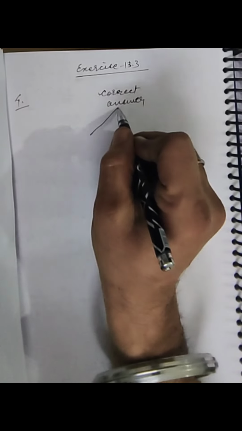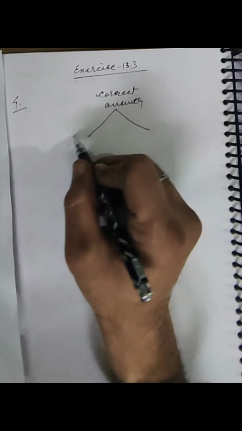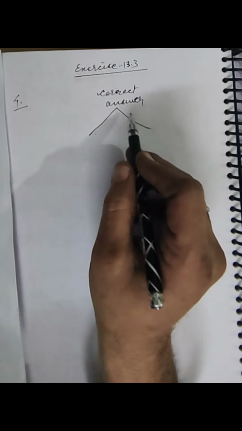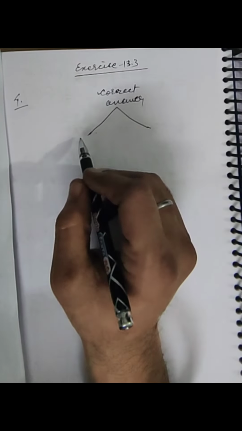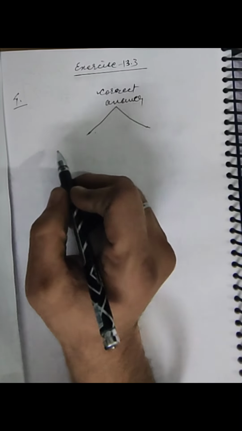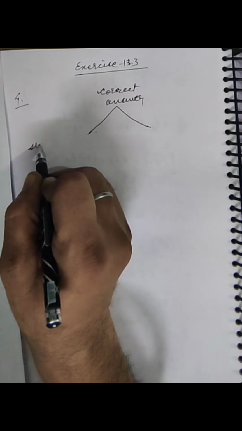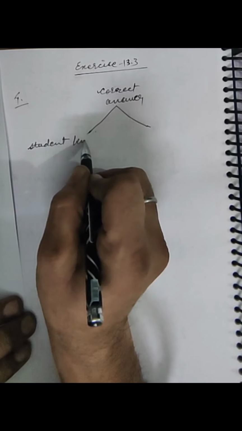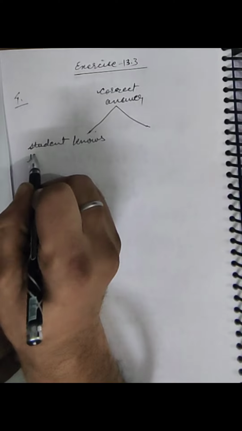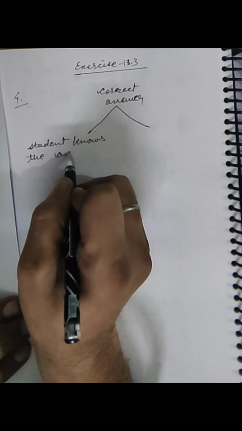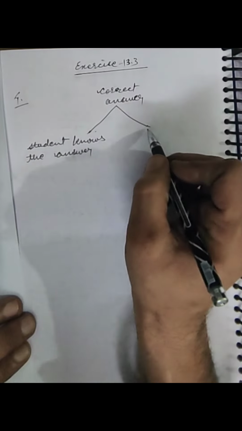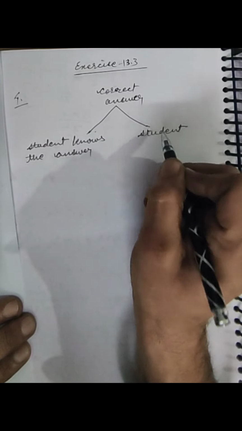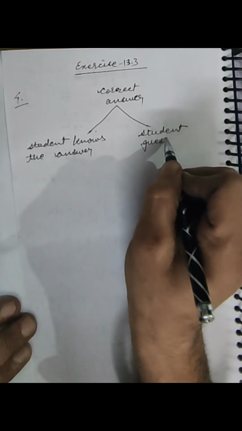Now this can happen under 2 conditions. We have to shortlist; most of the time you will find 2 or more conditions. Correct answer depends on 2 conditions: first, the student knows the answer, and second, the student guesses the answer.